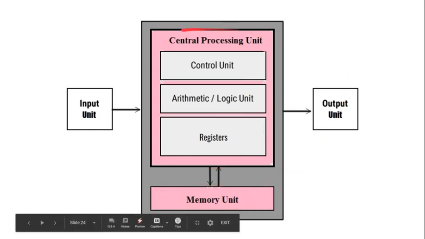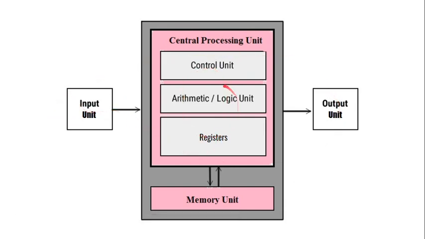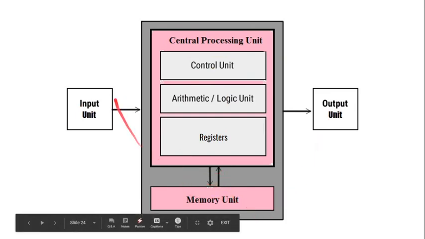So there are 4 units in the computer: input unit, central processing unit, output unit and memory unit. These are the different functional units of a computer.